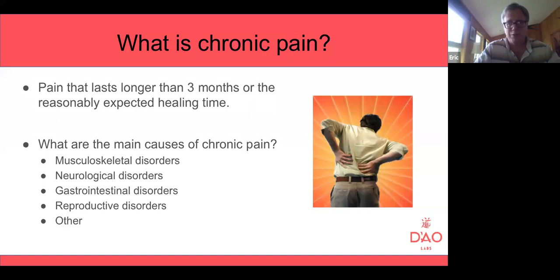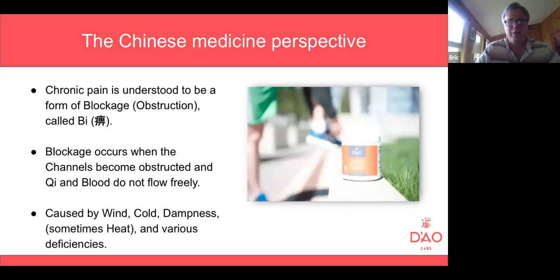Neurological disorders as well, which may include some things we're talking about today. Gastrointestinal and reproductive disorders are probably not included in what we're talking about today, but there are also many other causes. Pain is one of the most common symptoms we see in clinical practice. But we're going to try to distinguish between two very important types of chronic pain in Chinese medicine. Let's get a little further into that.